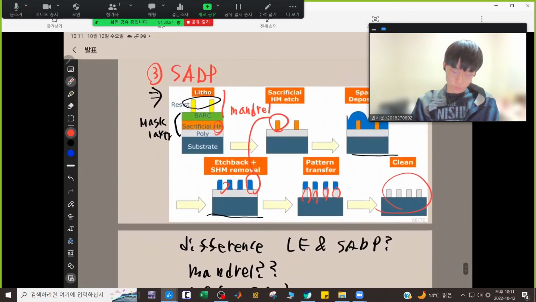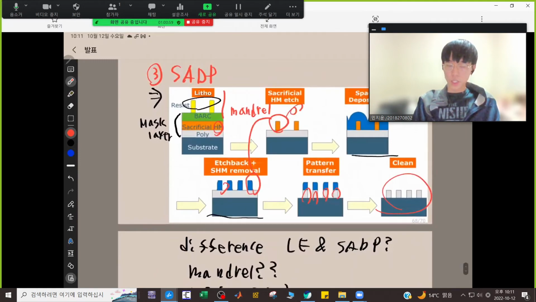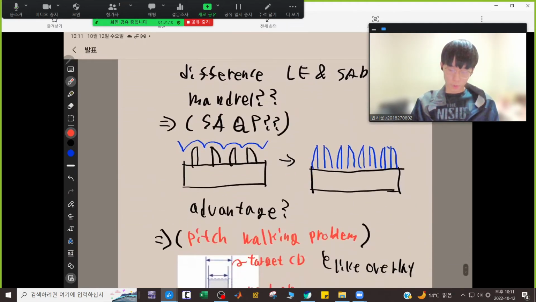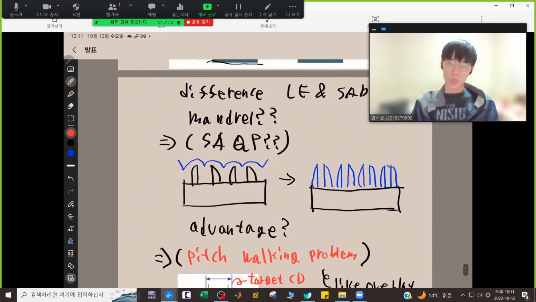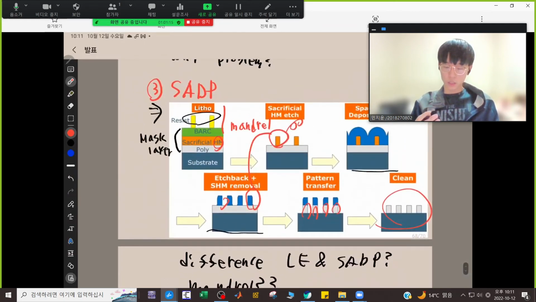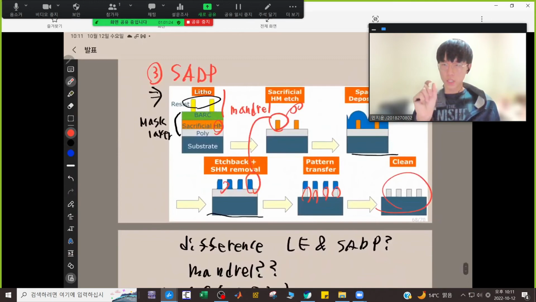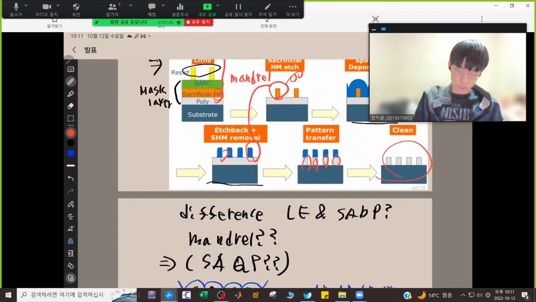So the mandrel is the important pillar or axis in this double patterning method. If we deposit a thin spacer, we can get a very thin spacer in this process, very thin.